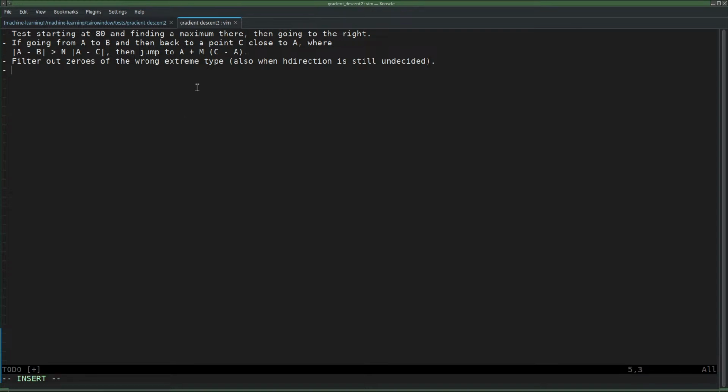I don't know about the n and m yet. So m is 1 normally, and then you just jump to c. But if b is too far away, then I would prefer to jump too far, so we make m larger, so that we replace b with the new point. That's the idea.